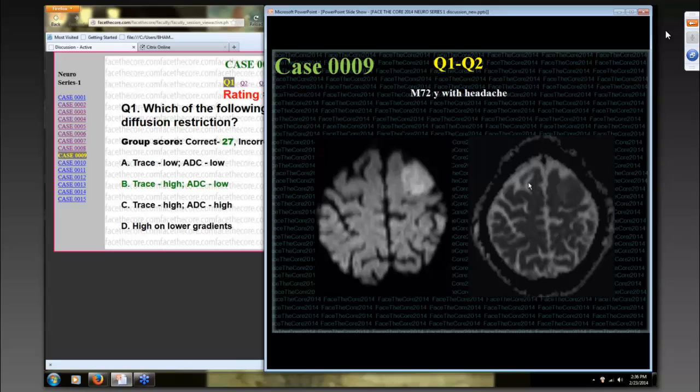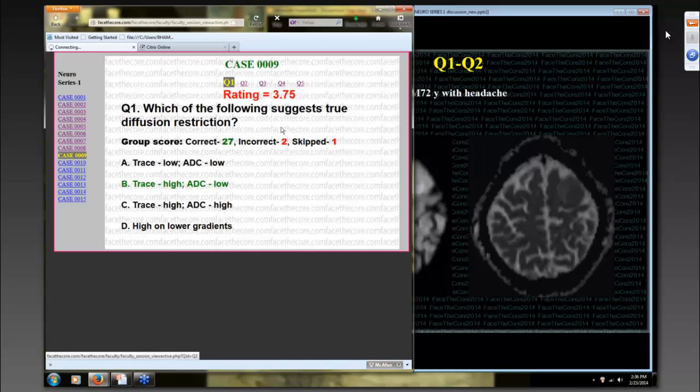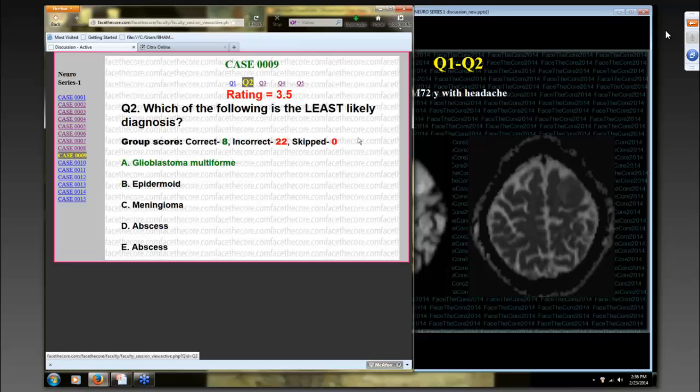And of course, diffusion positive conditions are many. Typical is of course stroke, everybody knows, but that is not the only lesion. We already have seen two lesions before which are also positive on diffusion. One is an epidermoid, classical diffusion positive, and the other one is an abscess, again a typical diffusion positive.